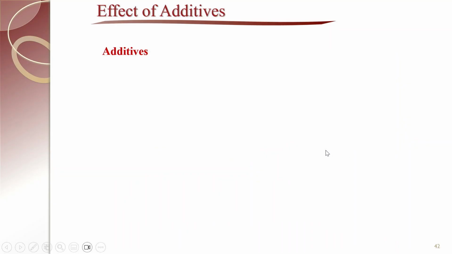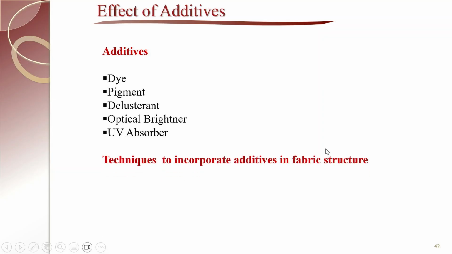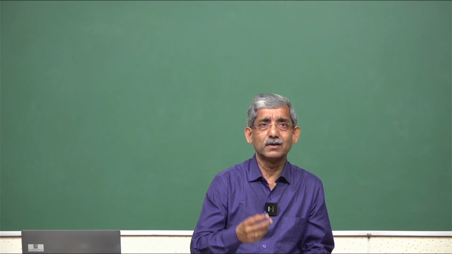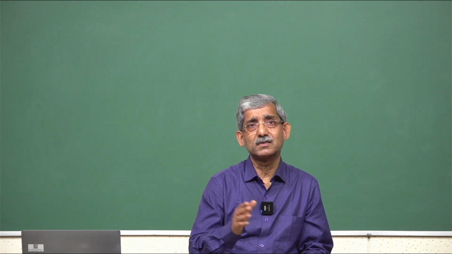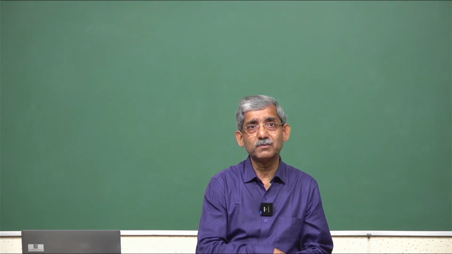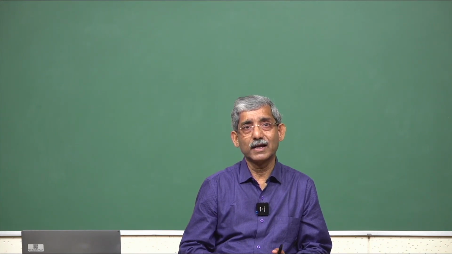Additives also have effects: dye, pigment, delustrant, optical brightener, UV absorbers. We have already discussed in detail the science of all these additives and how they react with the UV ray.